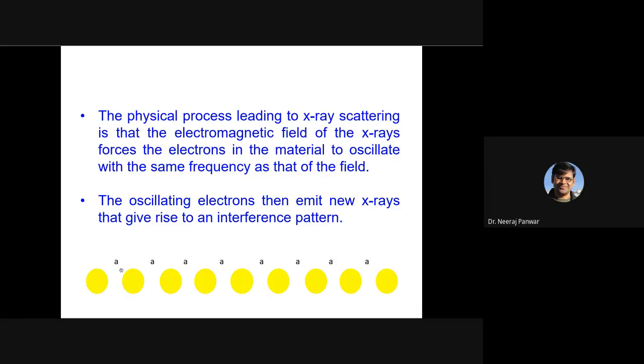Many things are periodic. For example, whatever the electron concentration is here, the same electron concentration is here, and the same here. So electron concentration is also periodic in nature.